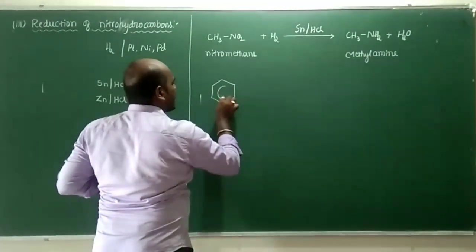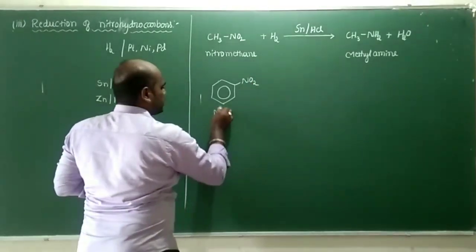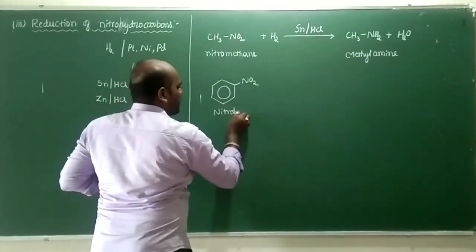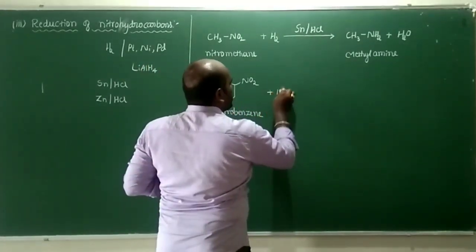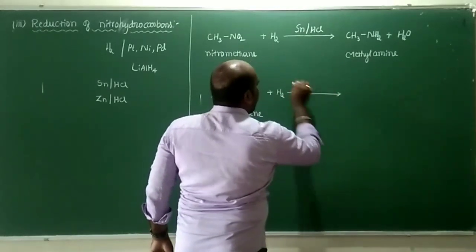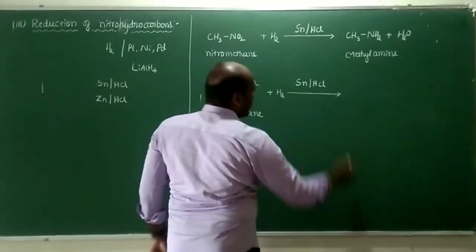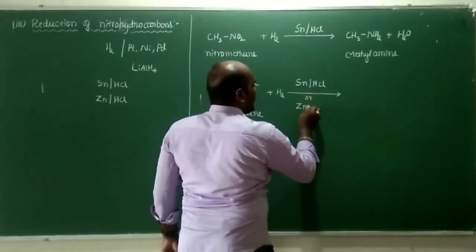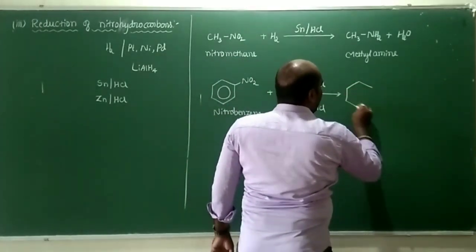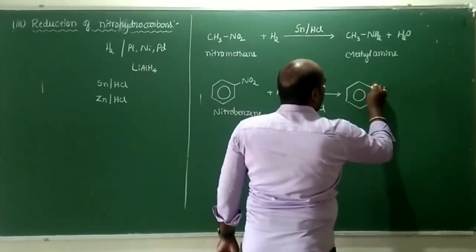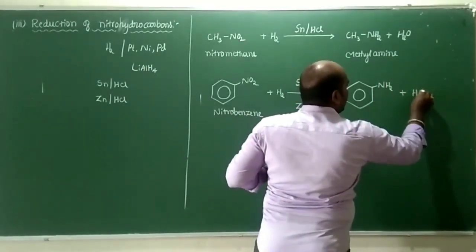This time I will be going with aromatic nitro group, that is nitrobenzene. Nitrobenzene. When nitrobenzene is subjected to the process of reduction in presence of either tin under HCl, or you can go with zinc in presence of hydrochloric acid, we will be getting the reduced form of the nitrobenzene, that is NH2 with the expulsion of H2O.